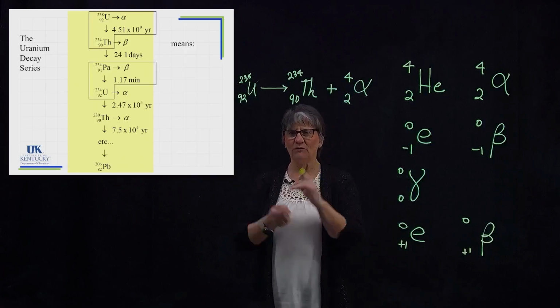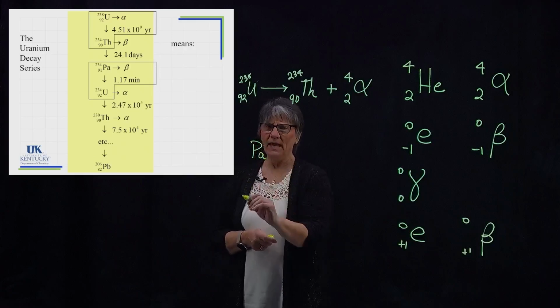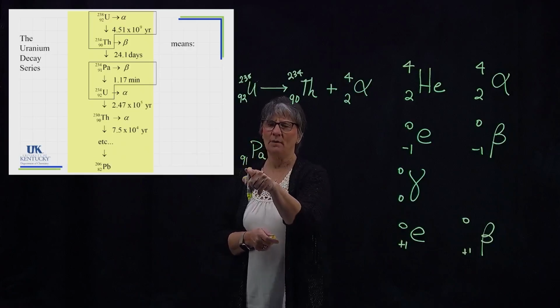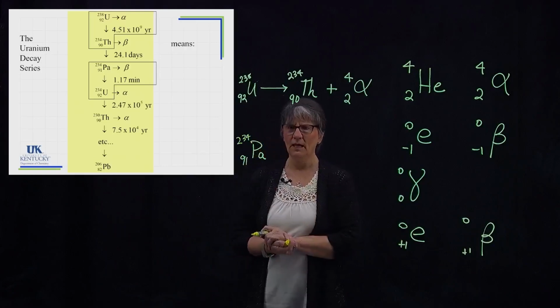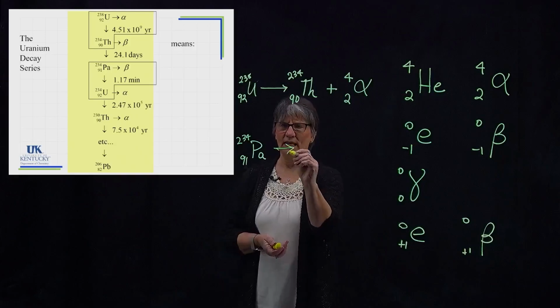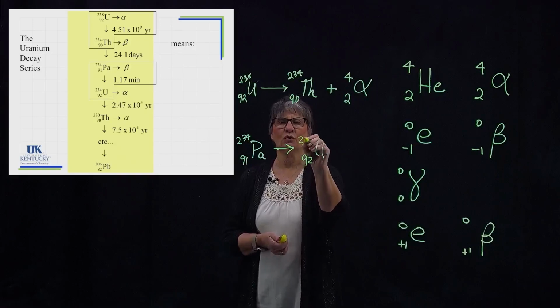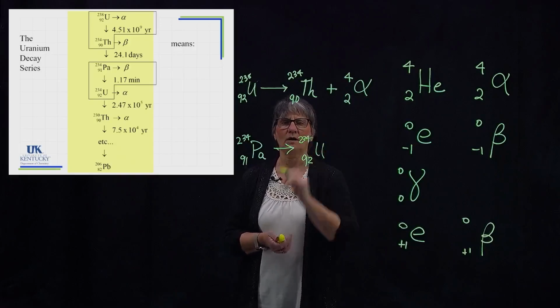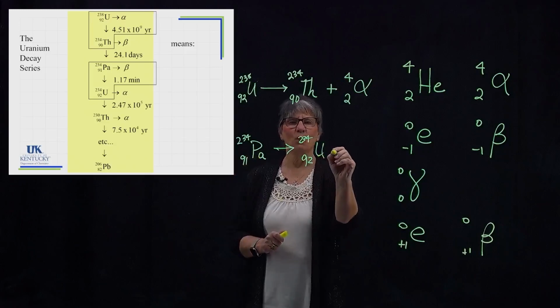If you go a little bit further down, we have Pa with 91 as the bottom number and 234 as the top number, okay? We see that it is turning into uranium, and the number up here is 234. Okay, the bottom number changed, the top number did not change, because what happened here?